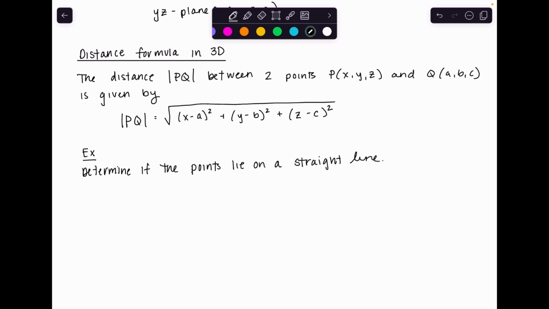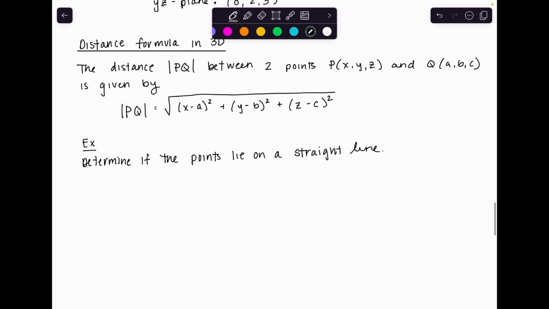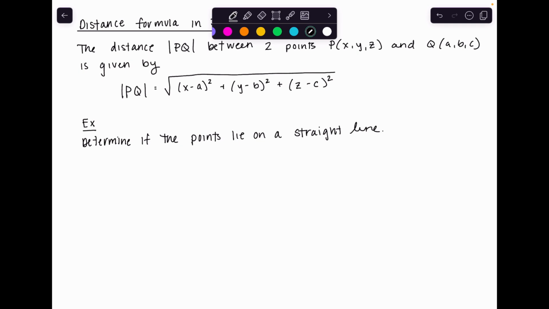You could definitely plot it in an online software and see if they're collinear or not. You could also easily come up with the equation between 2 of the points and then see if the third one fits into that equation. But the second you add that third dimension, I definitely can't visually do this. So instead, I've got to come up with something else.